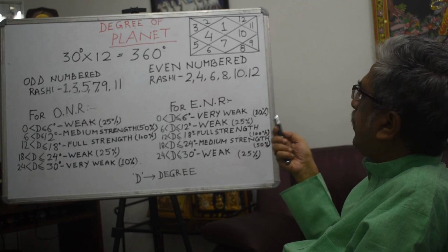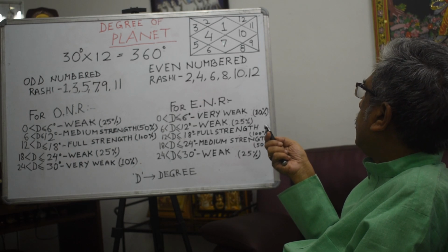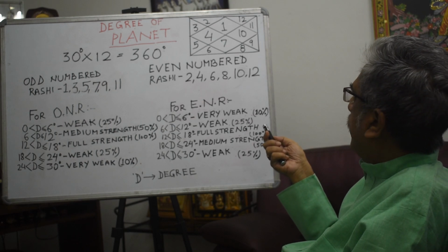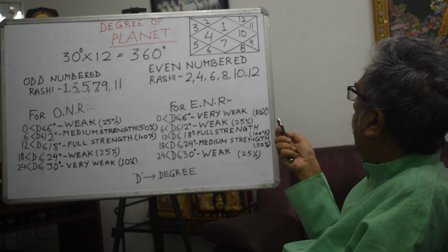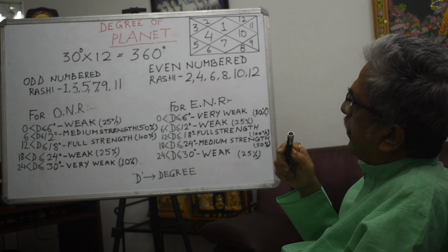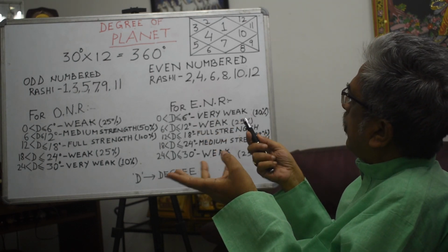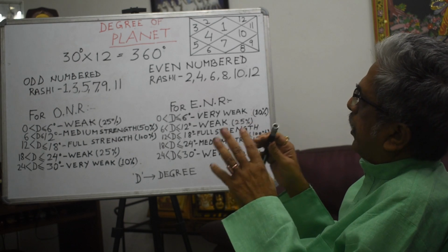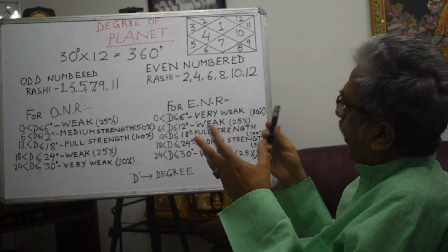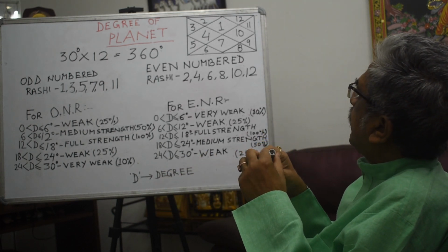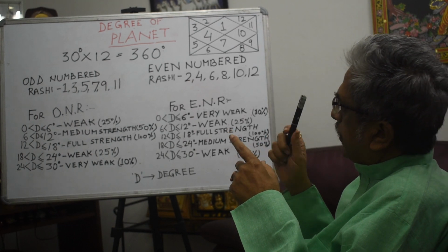Now which energy will dominate? It depends on the planet which is throwing energy, at how much degree. The planet which is throwing negative energy, at how much degree is it? So the end result depends on the degree. If conflicting opposite planets are throwing energy or are placed in a Rashi, the end result depends on the mutual behavior, and that depends on the degree.